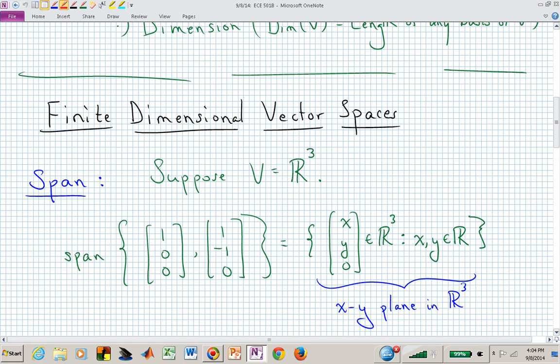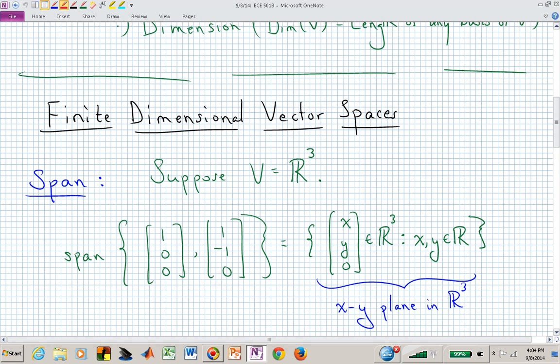Those 2 vectors really are equivalent to just the xy plane in all of R3, because you can get anywhere you want in the xy plane by a linear combination of the x direction and this vector that is x and minus y. Those are not on top of each other as vectors, and they are now able to span all of the xy plane.